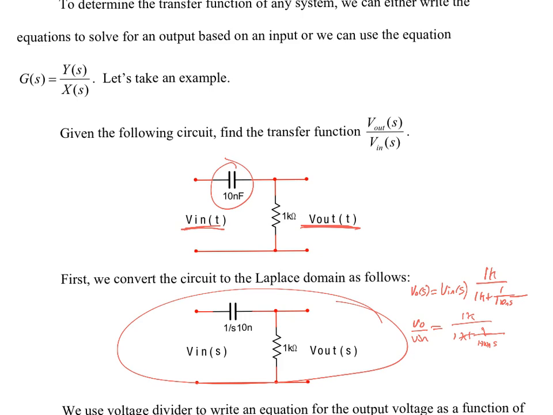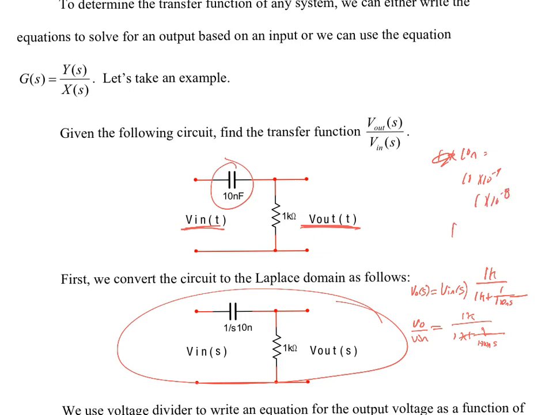It's a pretty ugly looking fraction to work with, right? So let's make the math a little bit easier. Let's multiply numerator and denominator by 10 nano times s. 10 nano is 10 times 10 to the minus 9th, which is 1 times 10 to the minus 8th, right?